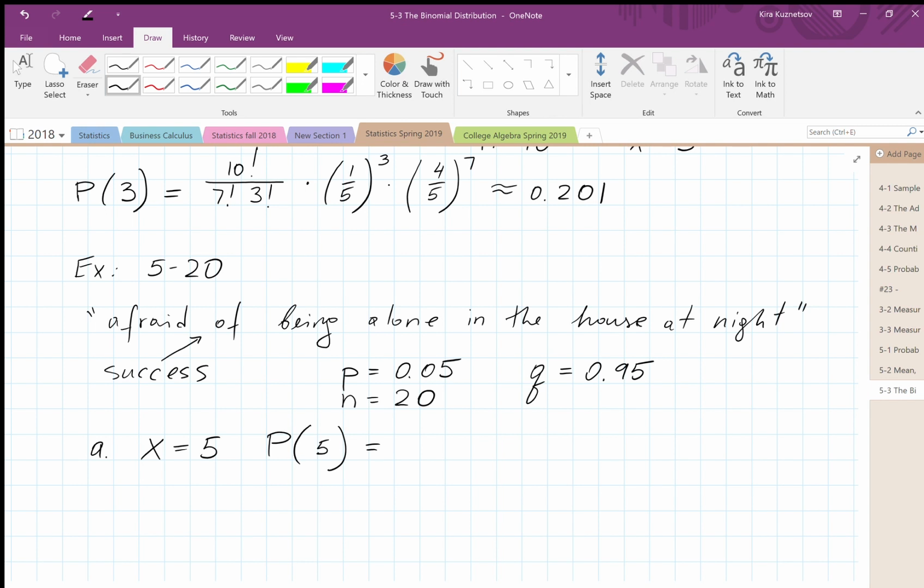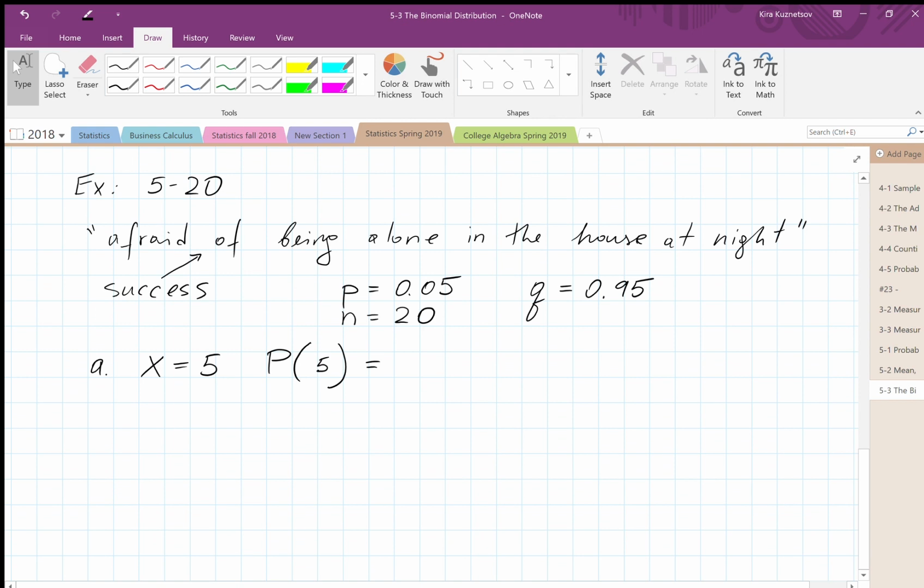But what I will do is finish this example on the next video with a calculator. If you use the calculator, you should be getting this number, and we'll get back to this on the next video. I do want to give you a setup for parts B and C before moving on.